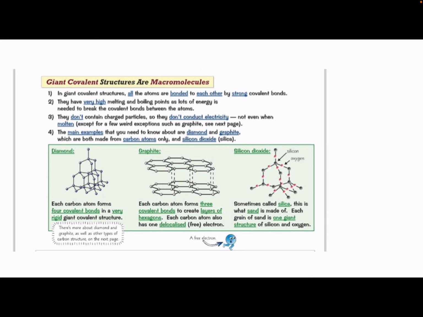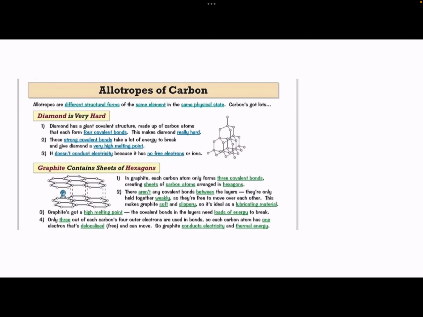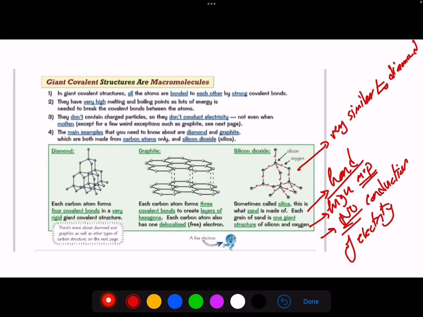They love to ask about graphite. The graphite structure, guys, is different. So have a look at the graphite structure, please. You see here, we agreed each sphere is a carbon atom. So if you trace one carbon atom, it's bonded to three other carbon atoms.